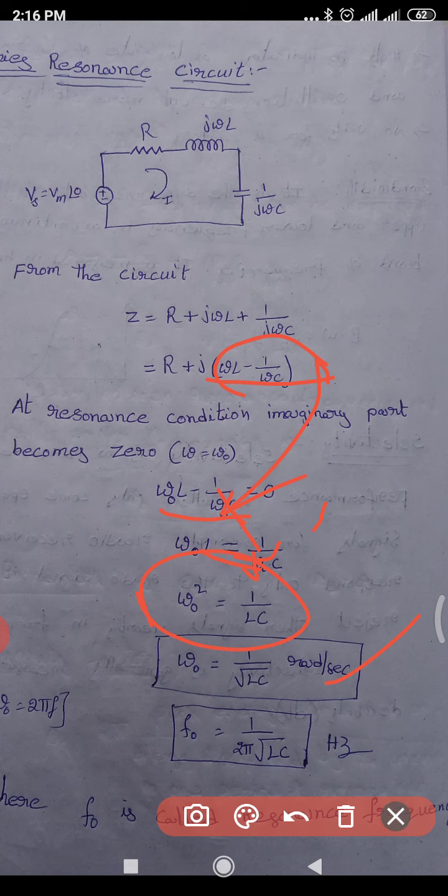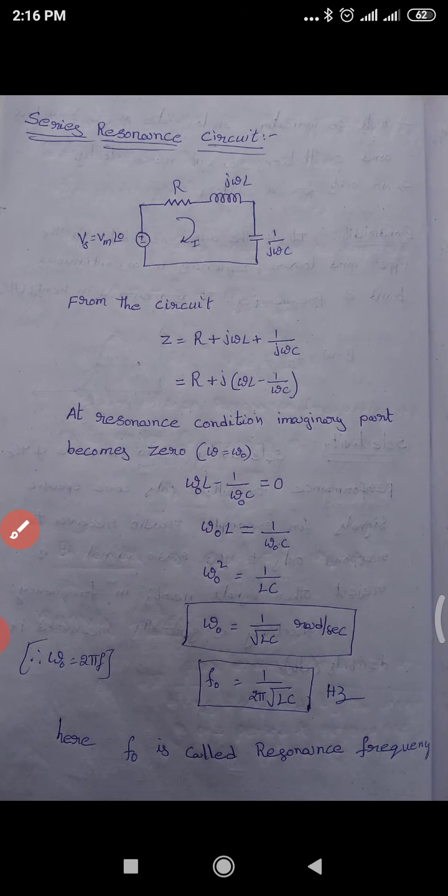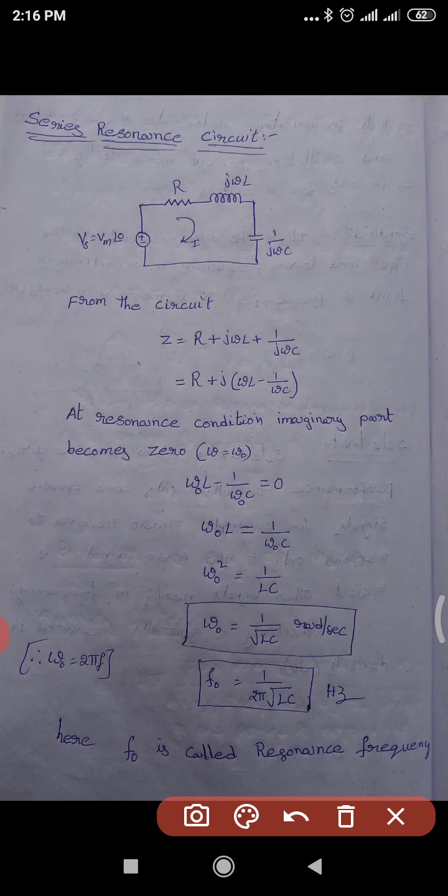If you want to find the frequency in hertz, the frequency F is equal to 1 by 2 pi root LC. Why? Because omega naught is equal to 2 pi F. So from here F is equal to omega naught by 2 pi, so the resonance frequency is equal to 1 by 2 pi root LC.